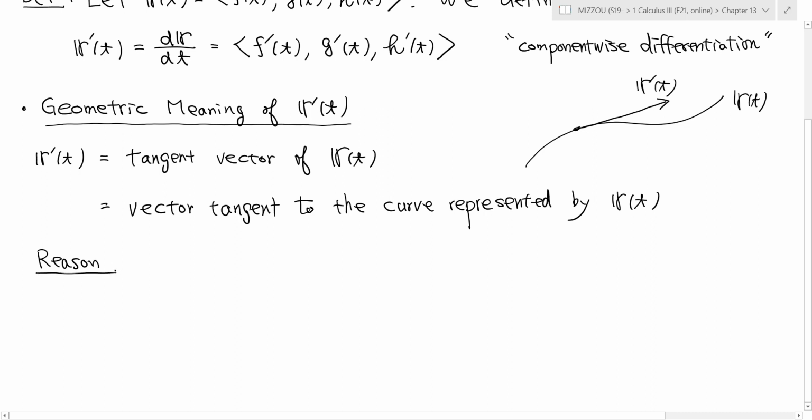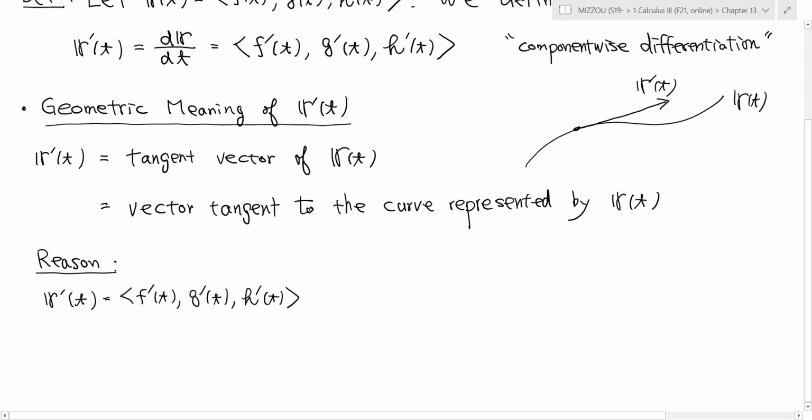Let's remember the definition of the derivative of the ordinary function. This is just a differentiation of some single variable function, and you just take the derivative for each of the three components. So if you remember the definition of derivative, this is f prime of t, g prime of t, and h prime of t.